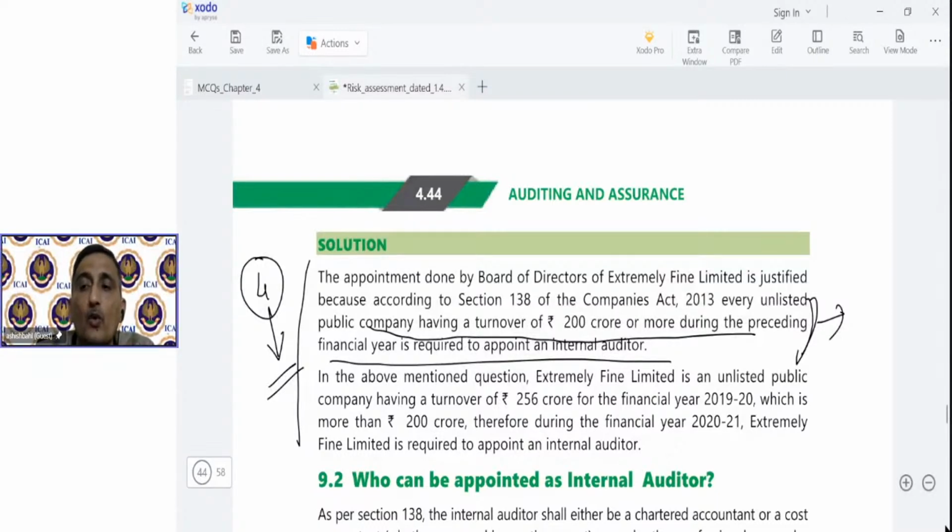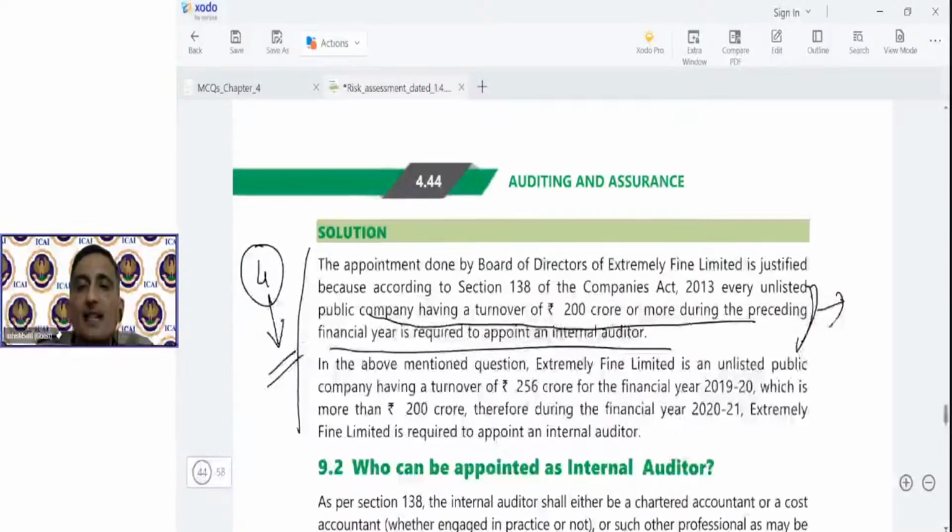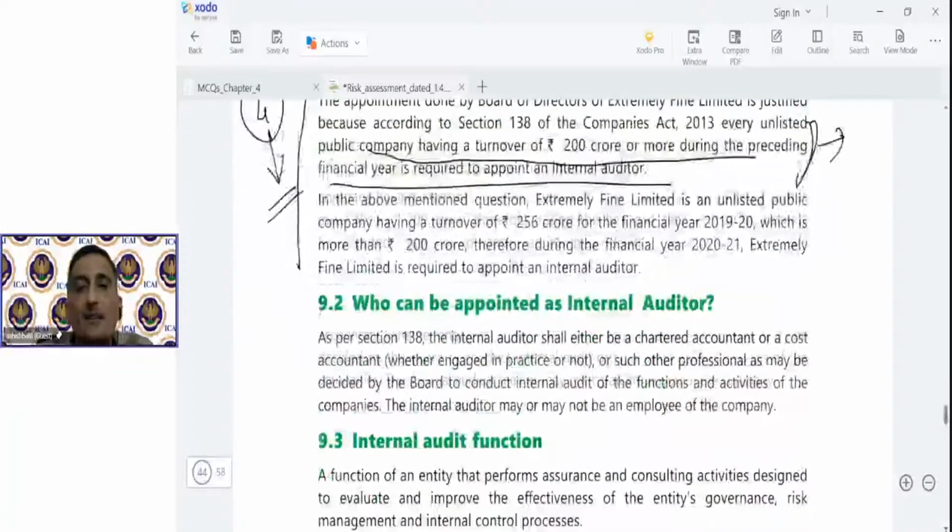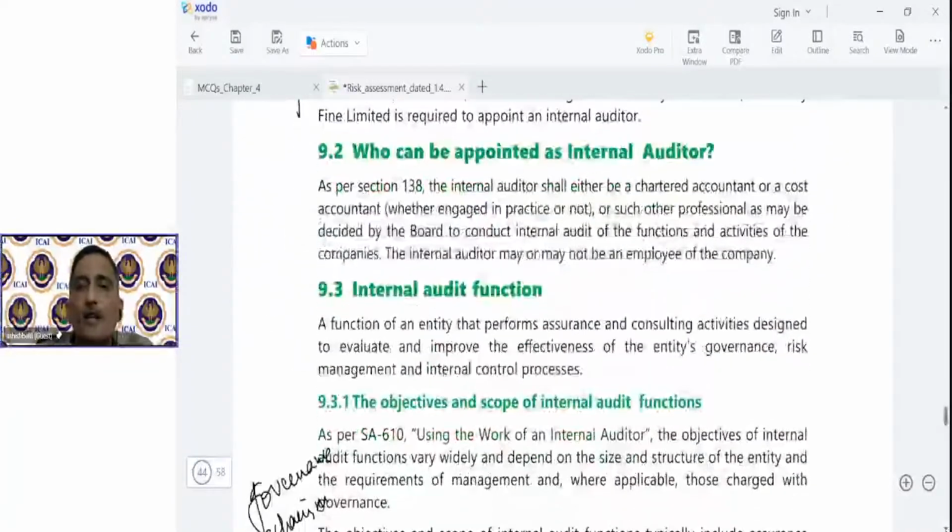Now, who can be appointed as internal auditor of the company? Now, this is also a law provision.